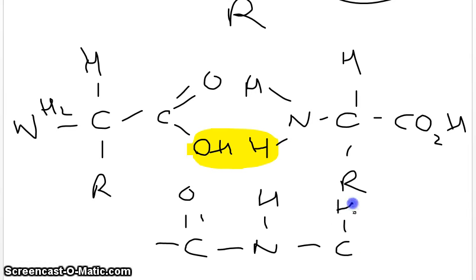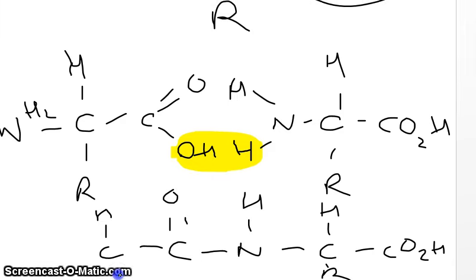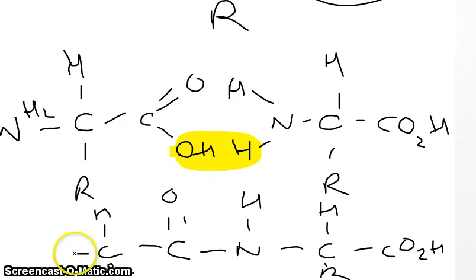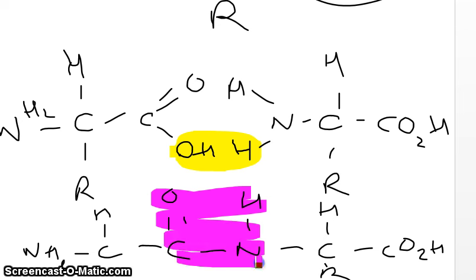So there's your CH, CO2H, R group, and over here your CH, R group, and NH2 group. This whole section in the middle here is the bond that's joining them, and that is called a peptide bond.